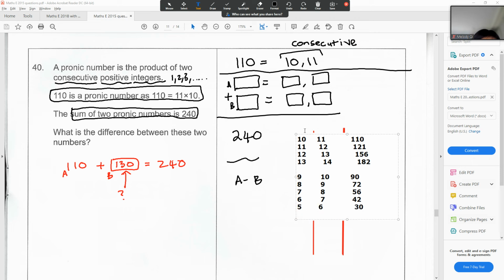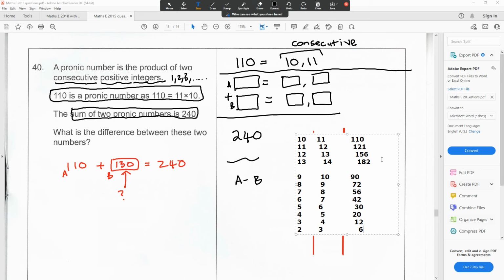I don't know if it's actually a real thing. Pronic numbers might just be a made up word. 5 times 6 is 30, and then 3 times 4 gets me 12. Obviously, I'm just going to go ahead and complete this whole thing: 5 times 6, 4 times 5, 3 times 4, 2 times 3 is 6. Okay. And what I want is the sum of the two pronic numbers must add up to 240.